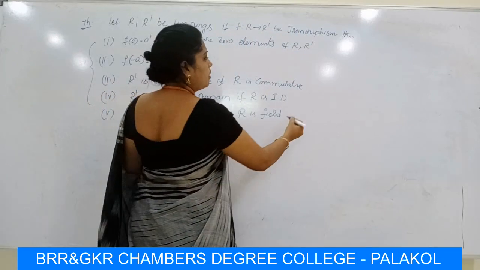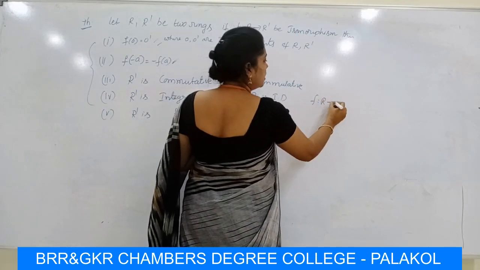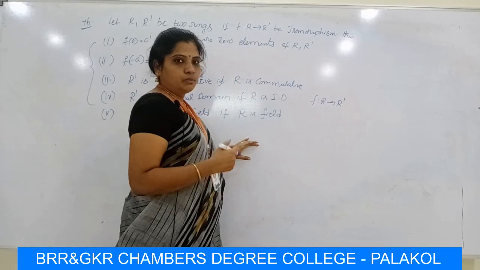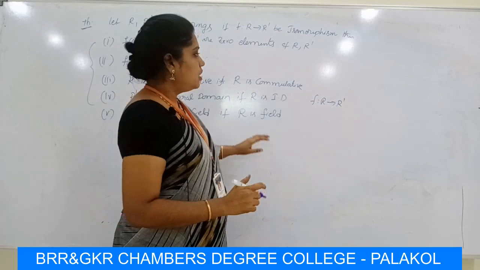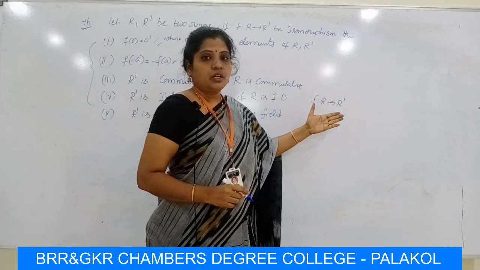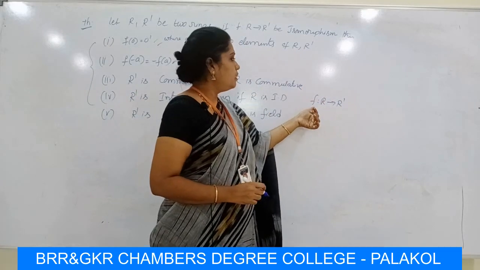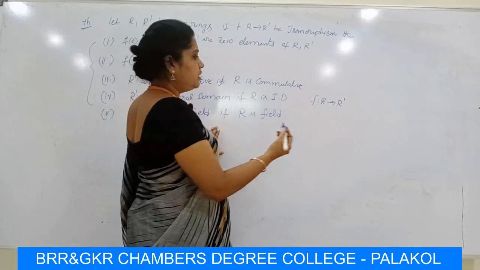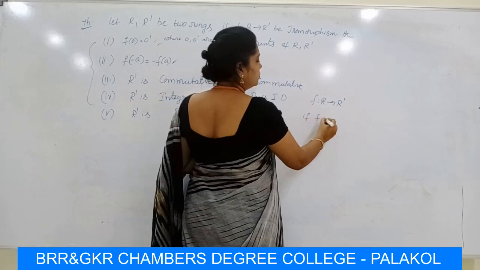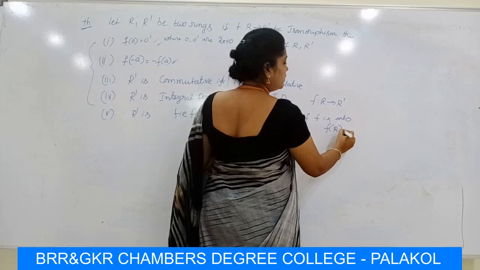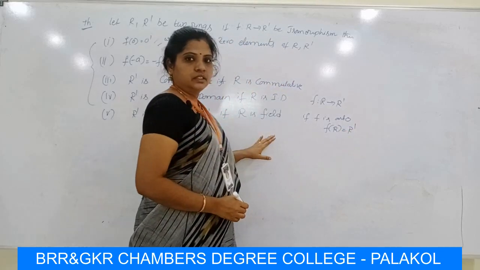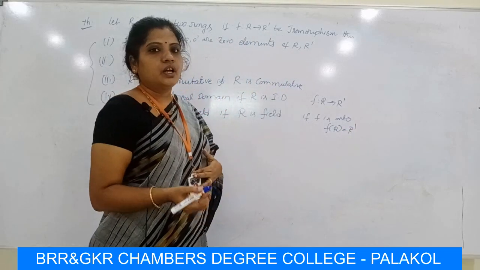That means f is a homomorphism, one-one and onto, so it will be an isomorphism. By onto, if f is onto, then the homomorphic image set is equal to the codomain.